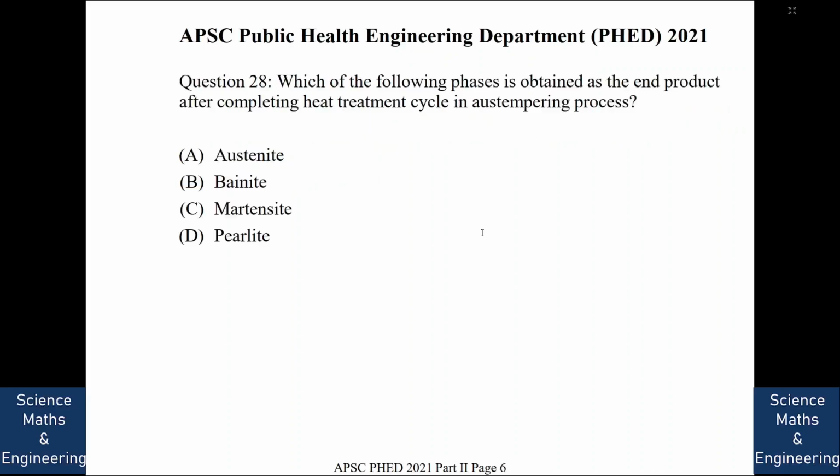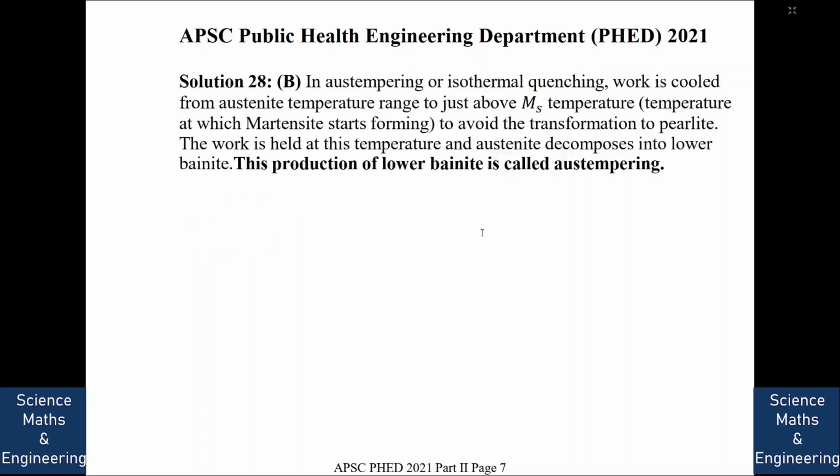Which of the following phases is obtained as the end product after completing the heat treatment cycle in the austempering process? So the answer is Bainite. See, austempering is the isothermal quenching where the work is cooled from austenite temperature to just above Ms temperature. Ms temperature is the temperature at which martensite starts forming.